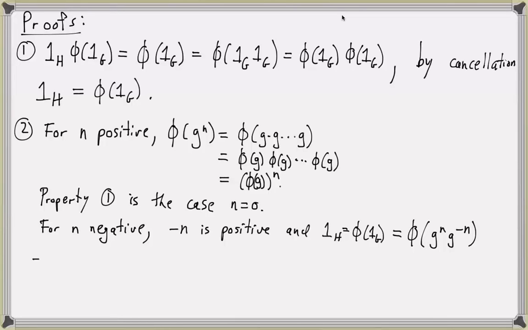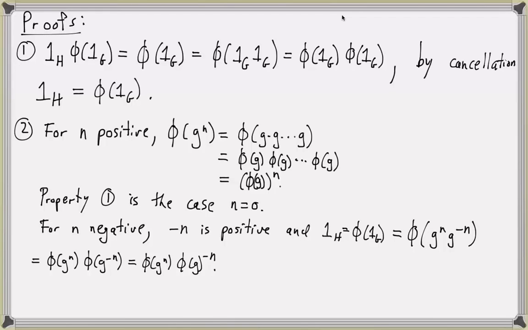By using the property of homomorphism, this equals phi of g^n times phi of g^(-n). And since minus n is positive, I can rewrite the second factor as phi of g to the minus n power.